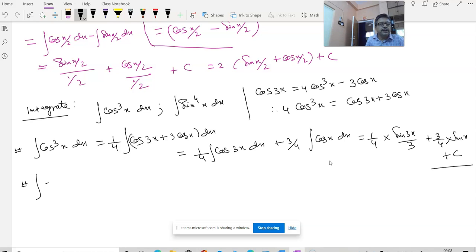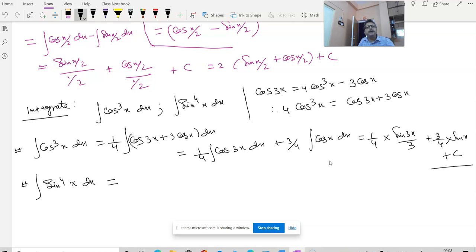Can you try this thing? Check. I think all of you can do this also. Sin to the power 4x dx. Now it is in your mind how to convert a higher degree of trigonometric function to linear one and then to integrate.